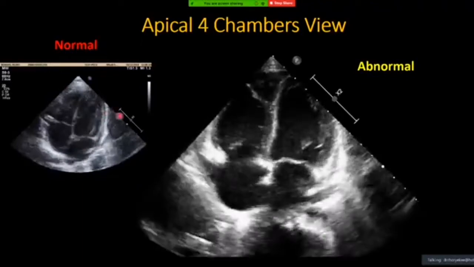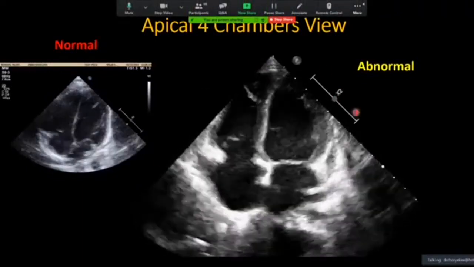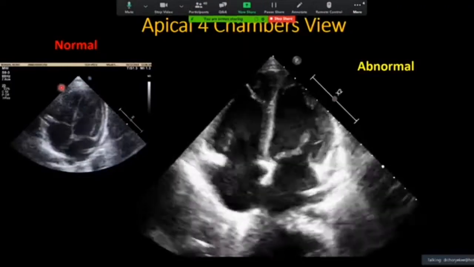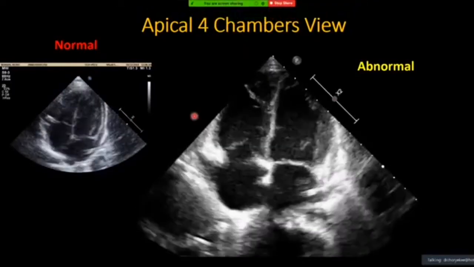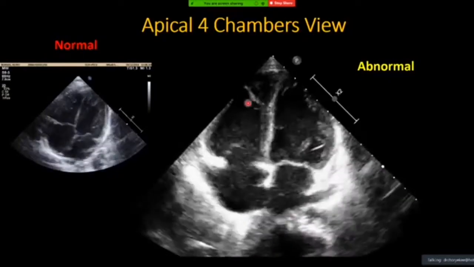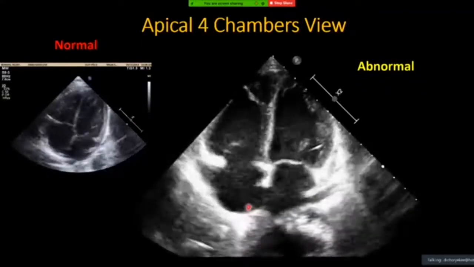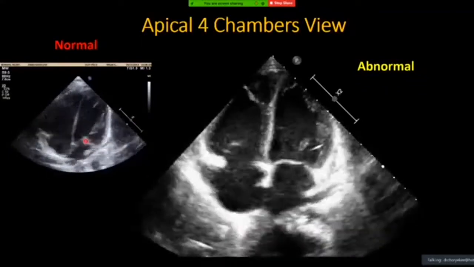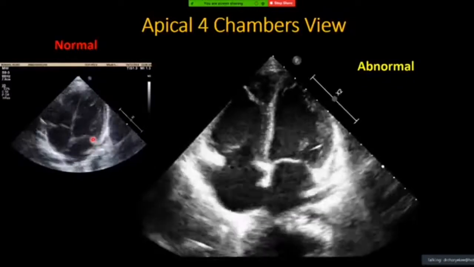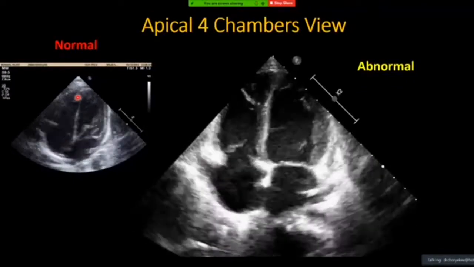Okay, so this is a 4-chamber view, right? So when you compare the 4-chamber view here and the 4-chamber view on the other side, what we notice is that all the chambers here are too well filled. They seem very packed and tense. You look at this, right? So when you contract, the fluid can come out very nicely. It gets smaller and bigger, smaller and bigger, right?